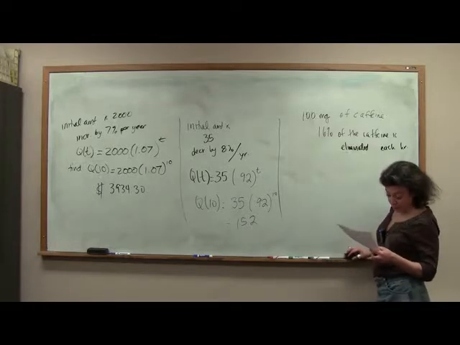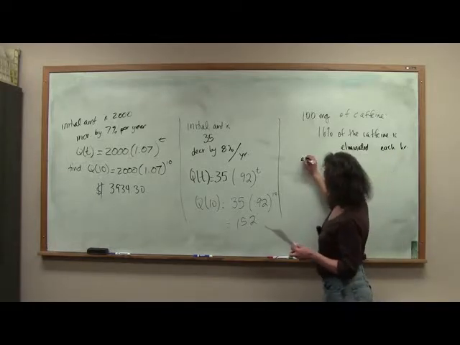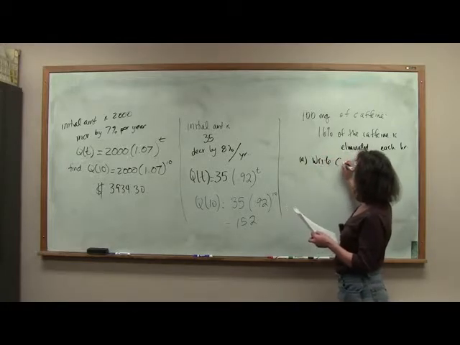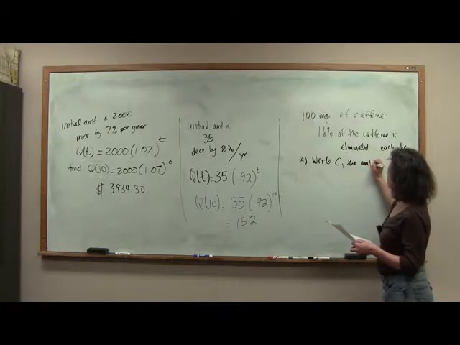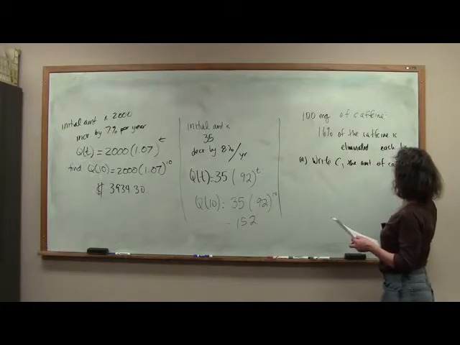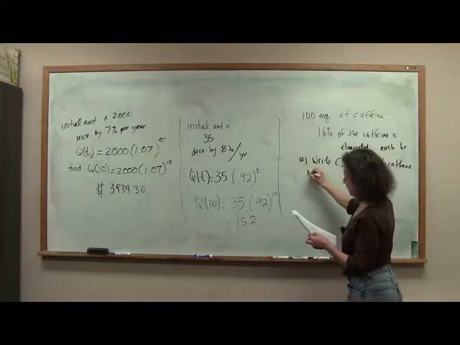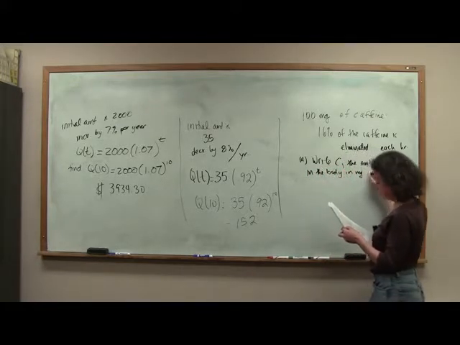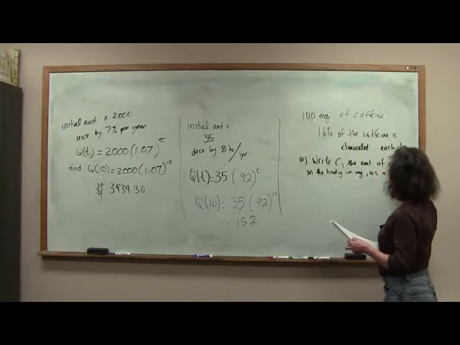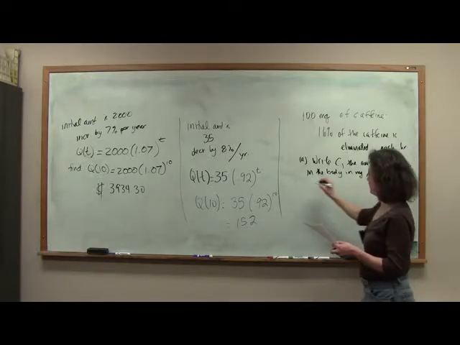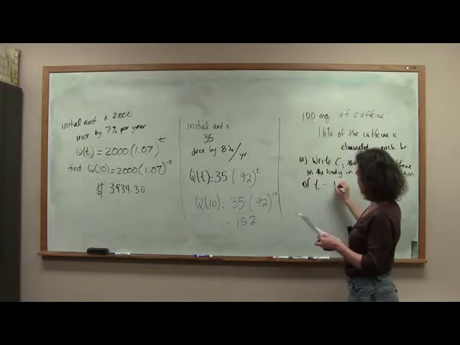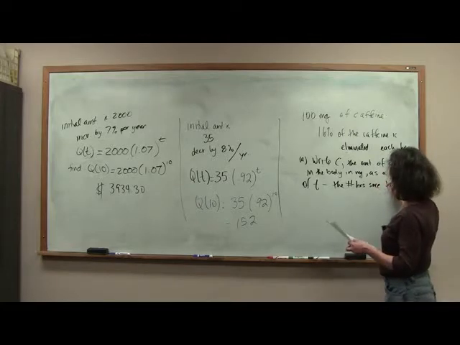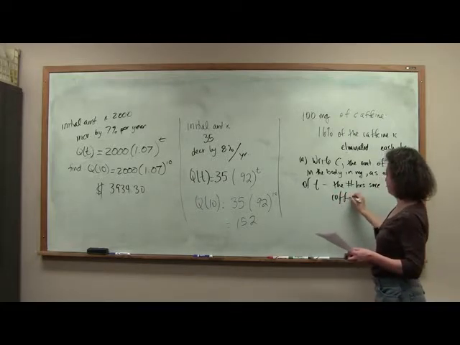So what we want to do in part A is we want to write C, the amount of caffeine in the body in milligrams, as a function of t, which is the number of hours since the coffee was consumed.